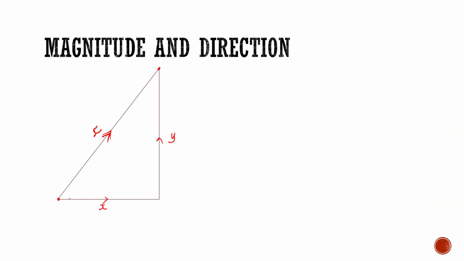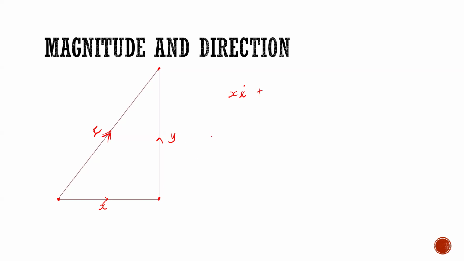And because we know that x steps to the right is simply the vector xi, the magnitude of this vector is x, because it's x steps to the right. So it's just the length x. And then the magnitude of this vector is simply y, since it's y steps upwards.